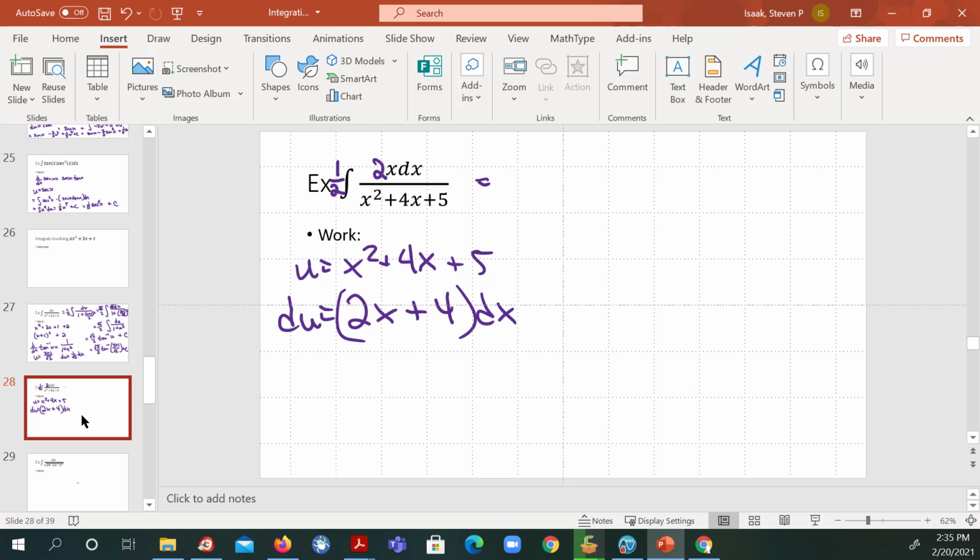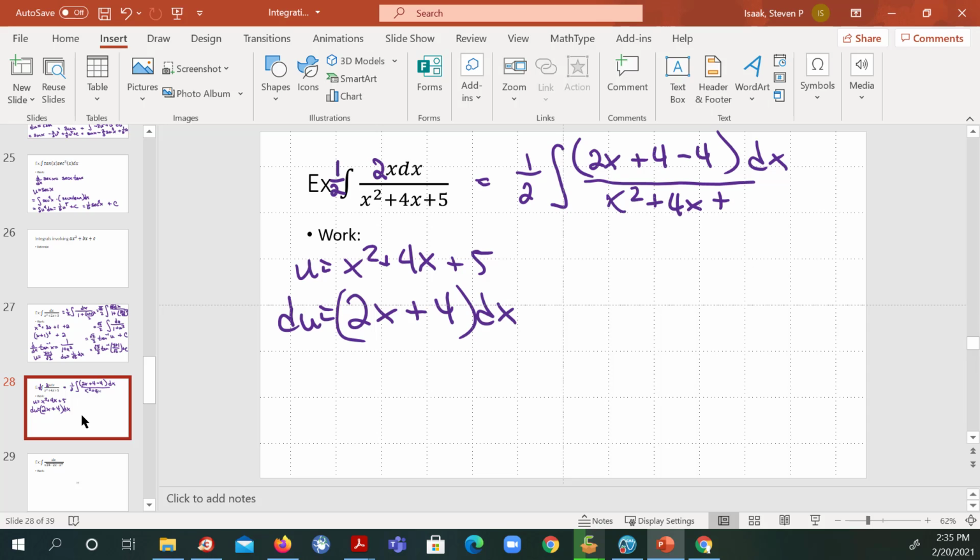Now, on top of that, please bear with me, I'm going to add 4 and subtract 4 on the inside, because when I add and subtract the same number, that's adding 0. So this is 1/2 of 2x plus 4.